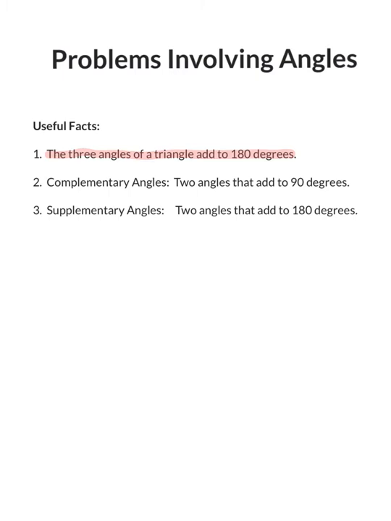Hopefully everyone's aware of that one. The second one is 2 angles are called complementary if they add to 90 degrees. And the last one, 2 angles are supplementary if they add to 180 degrees.